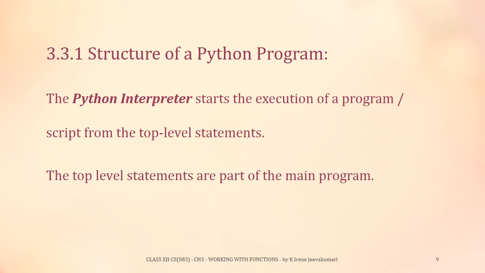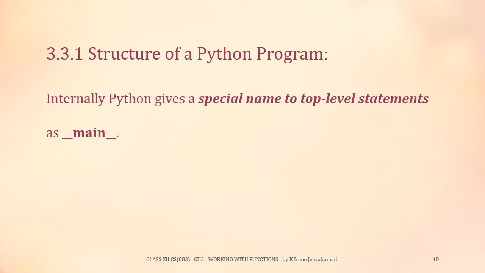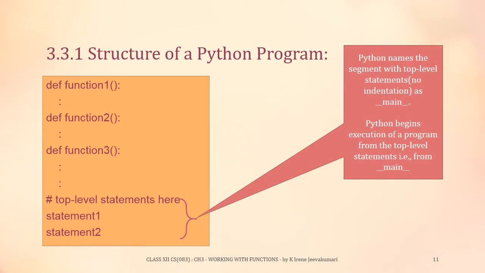The top level statements are part of the main program. Let us see all these, top level statements and main program, through examples. Internally Python gives a special name to top level statements as __main__.